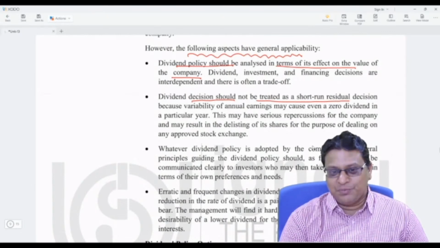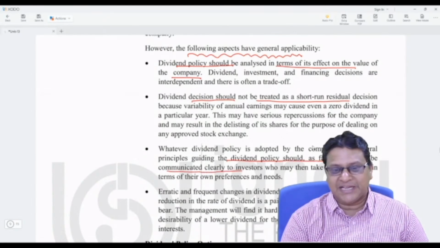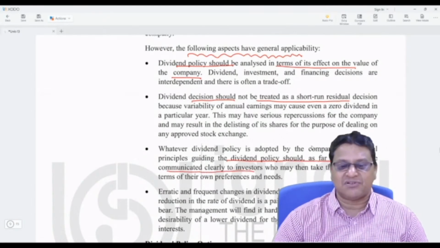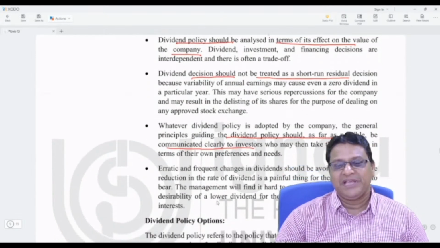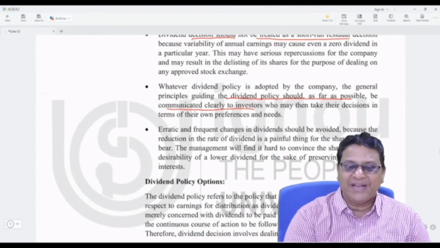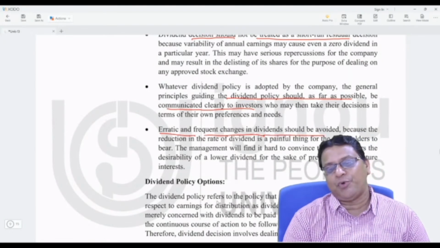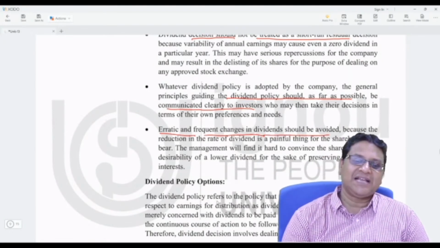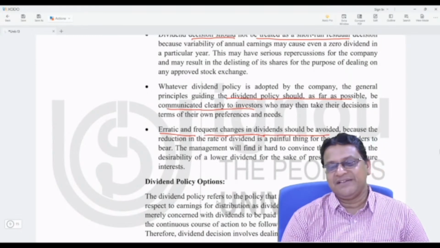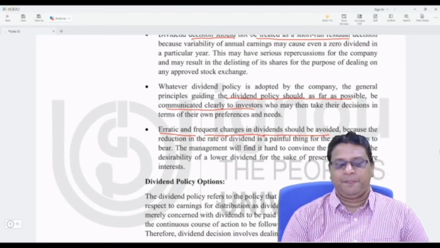Dividend policy should, as far as possible, be communicated clearly to the investors, and there should not be erratic and frequent changes in the dividend policy of the organization. Erratic and frequent changes in dividend should be avoided.